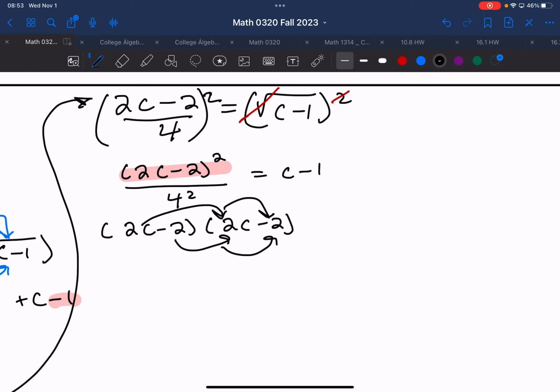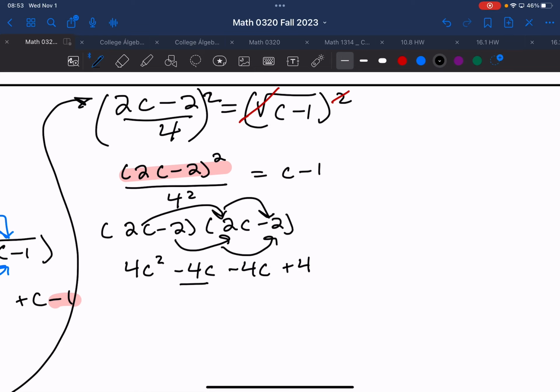What's that? 4c squared. 2c times negative 2. So negative 4c. Negative 2 times 2c. So we're doing the bottom now. Negative 4c. And negative 2 times negative 2 is positive 4. Okay. Any like terms we can combine?